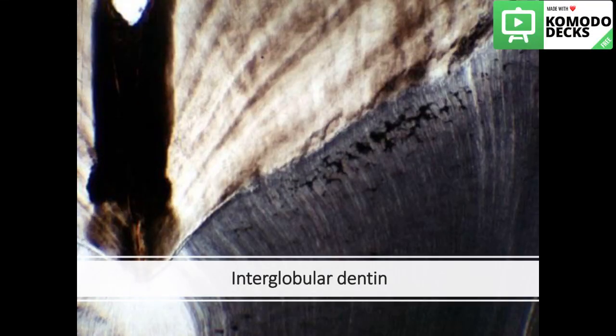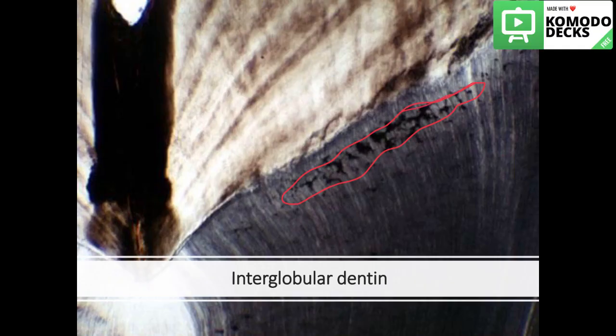Another phenomenon that we can see in dentine is what we call interglobular dentine. As I have mentioned, the dentine mineralization process starts as small calcospherites that grow to fuse together to form uniform calcified tissue. If these calcospherites fail to fuse, they stay as calcospherites and they look black in ground sections when seen under transmitted light.